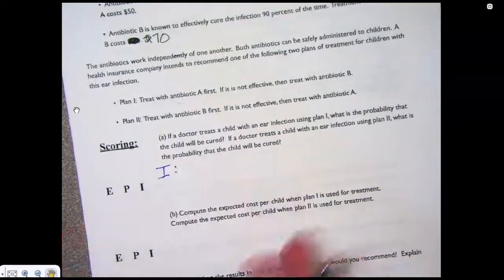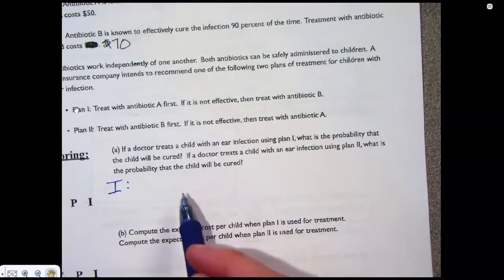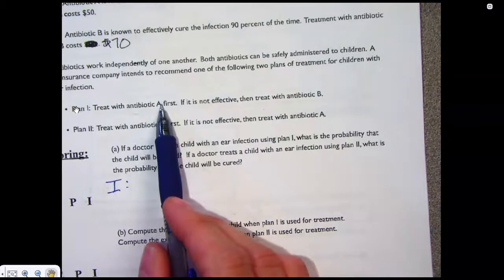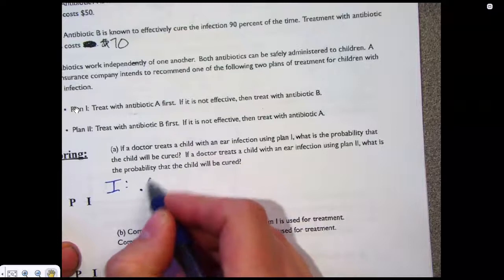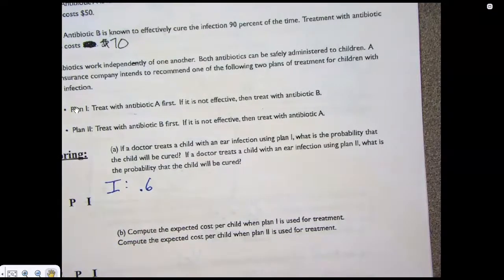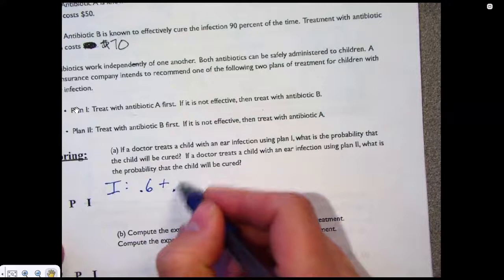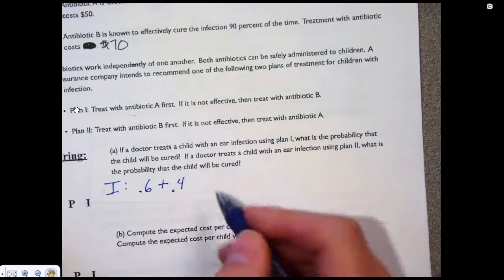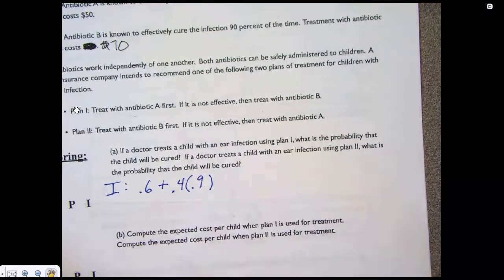So, for treatment plan 1, let's see. Treatment plan 1 is antibiotic A first. So there is a 60% chance that the child is just cured and we are just done. Or if that first treatment didn't work, which there is a 40% chance of, then we go to antibiotic B, which has a 90% chance.